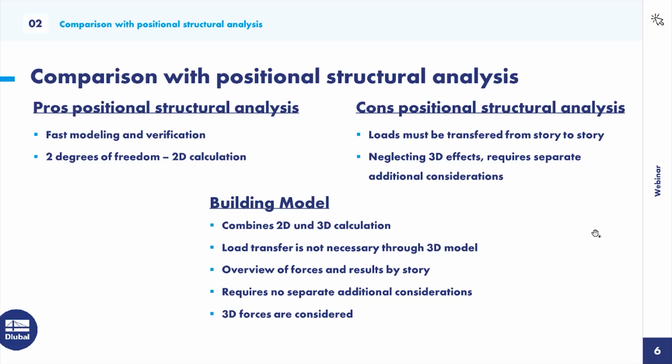So you must all the time transfer new and new again until you are on the ground floor. And yeah, there you can make failure very easily when you forgot some loads.